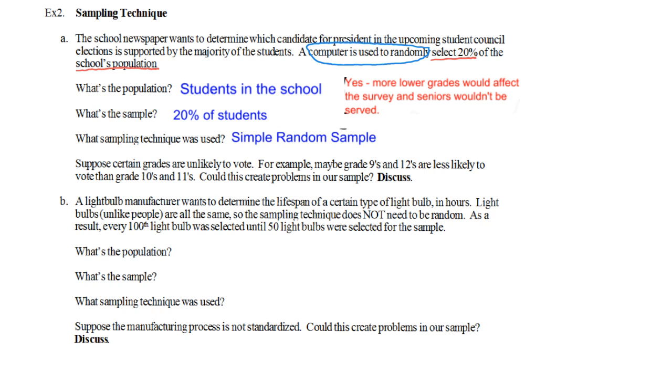So if we were in a class, we would say, yes, more lower grades could affect the survey because there might be more students in the lower grades, and the students in the senior grades wouldn't be served. The reason is that they're less likely to sign up.